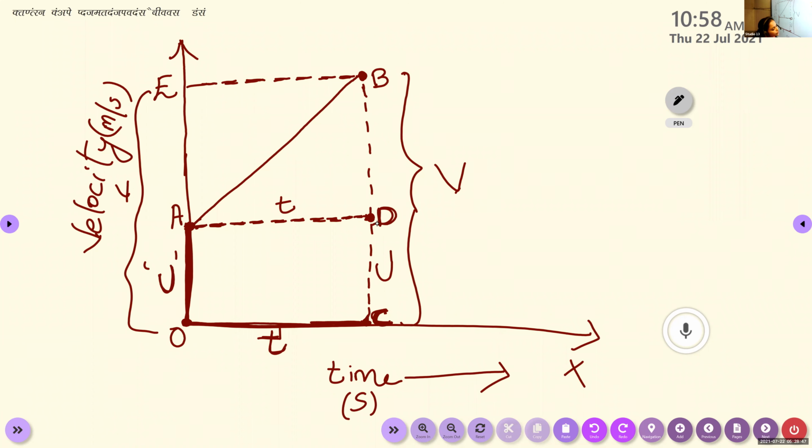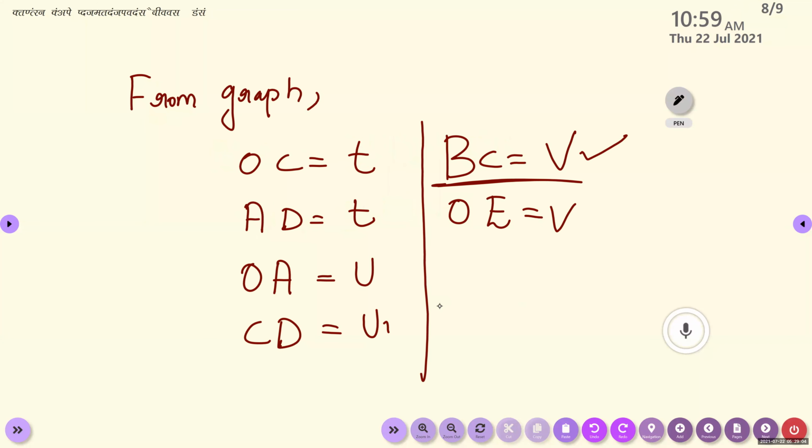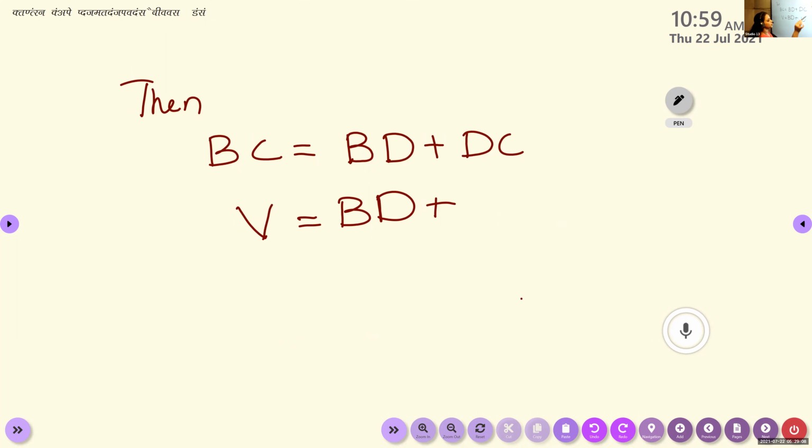We don't know the value of BD, so you can write it as BD as it is. And what is the value of DC from the graph? DC, or CD, is the initial velocity U.